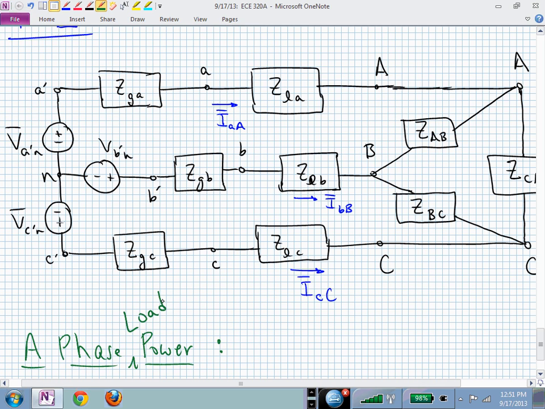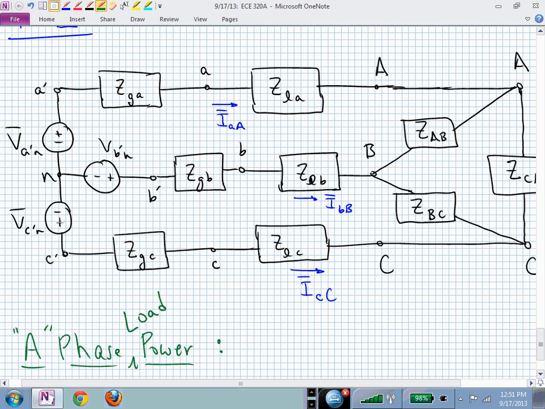and here, oh, this allows for really nice word problems. And that's not a generic A, that was the A phase. So that's the A phase load power. It's not A load powers, where that A load power could have been the B phase.